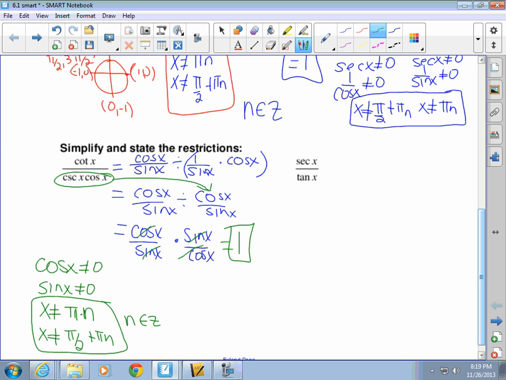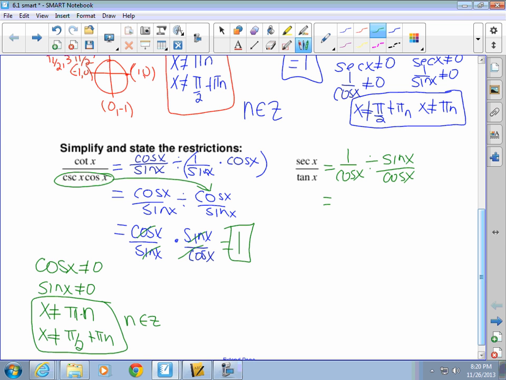Okay, secant x, tangent x. Secant x is the same as 1 over cos x. Tangent x, we know, is the same as, whoops, not sine. Oh, yeah, sorry, I have that right. Sine over cosine. Once I have done my flip, I'll know my restrictions.